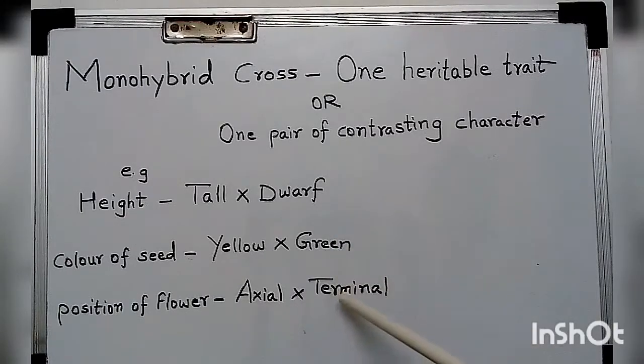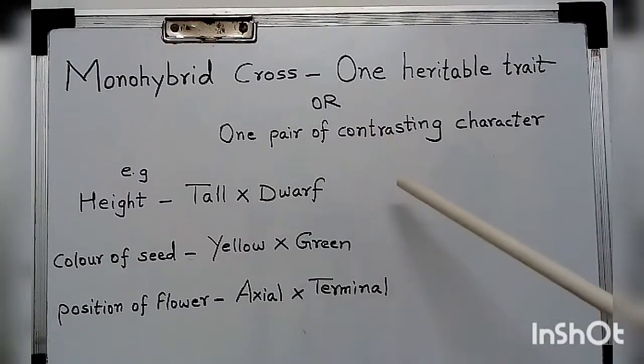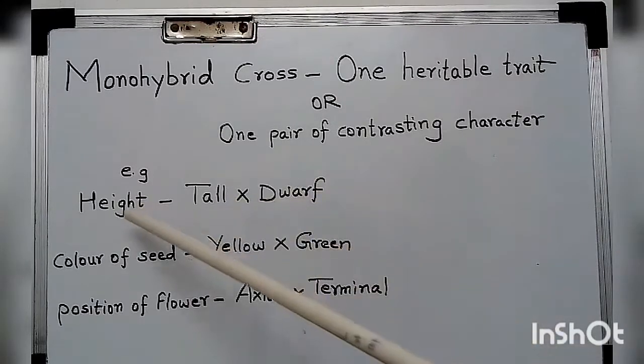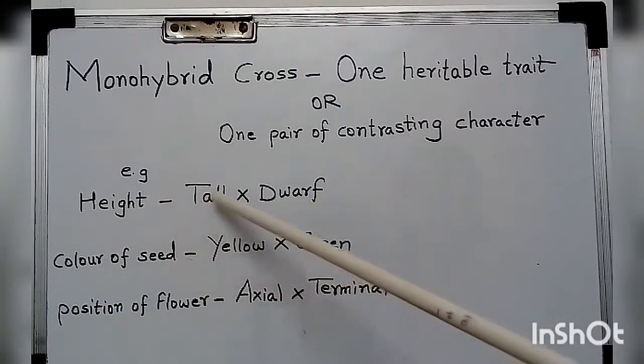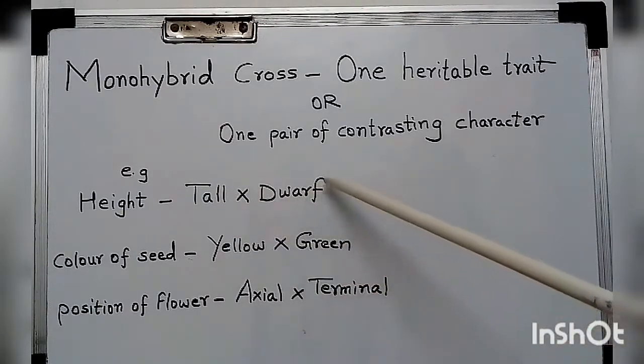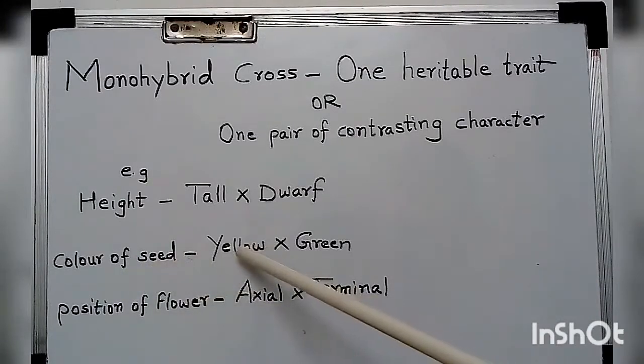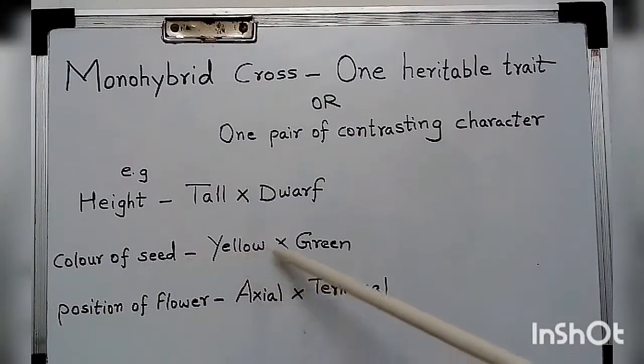So one thing you have to remember is whenever we are doing a cross, we must know which trait is dominant and which is recessive. In case of height, tall is dominant whereas dwarf is a recessive trait. In color of seed, yellow is dominant over green.